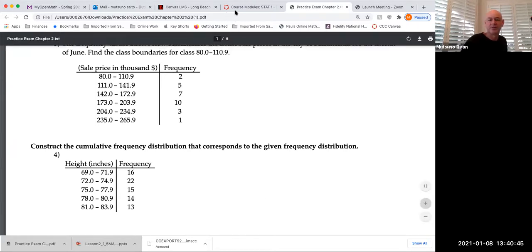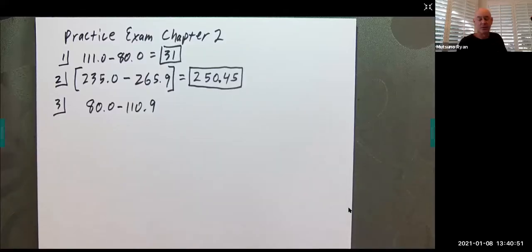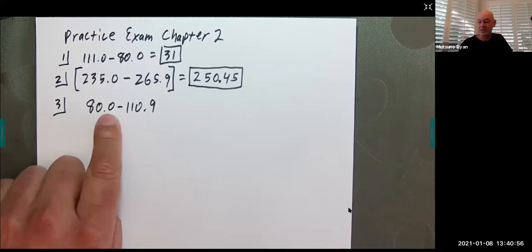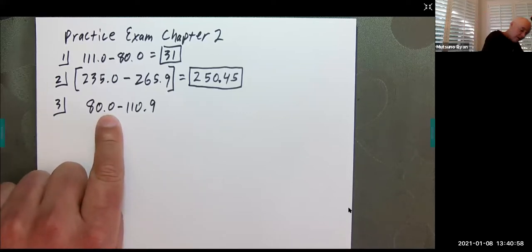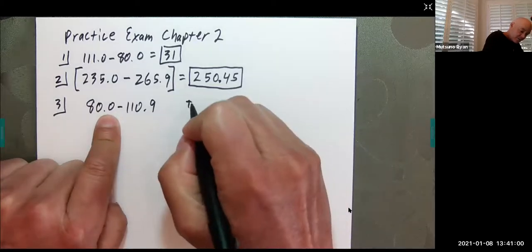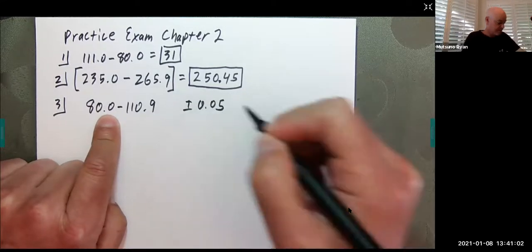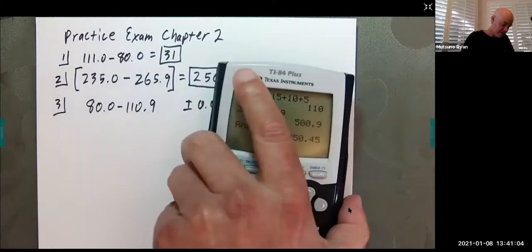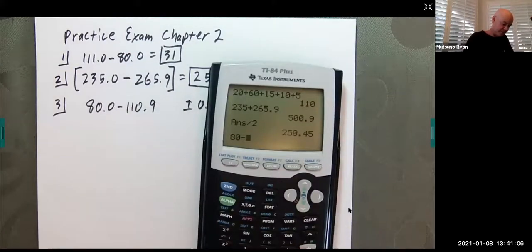And what's different about this one, in the previous one that I did in class, what I said was add and subtract 0.5, but we're already in the decimals. So we need to add and subtract 0.05, meaning 80 minus 0.05.